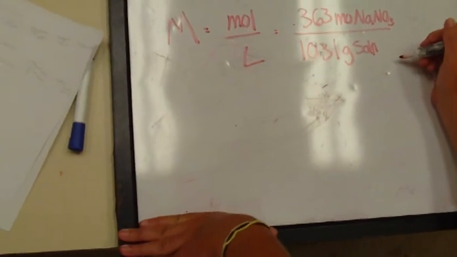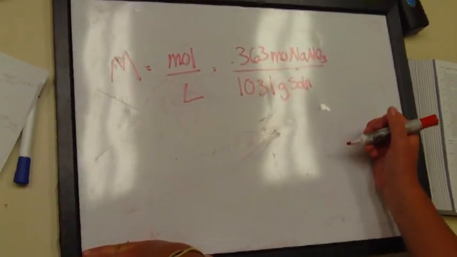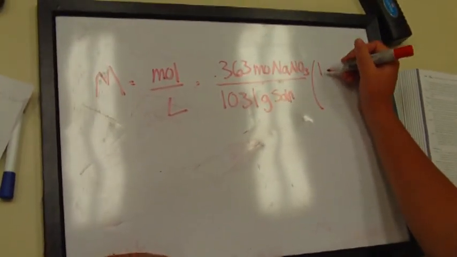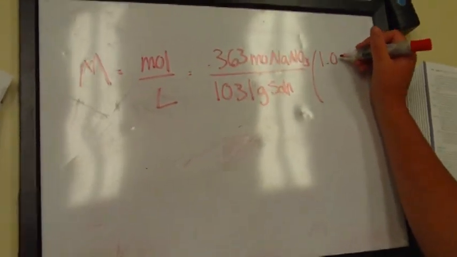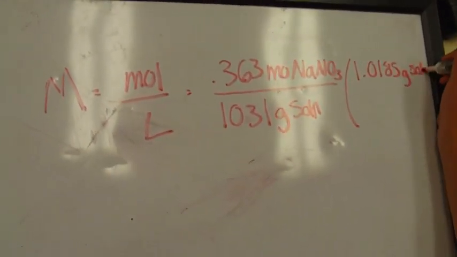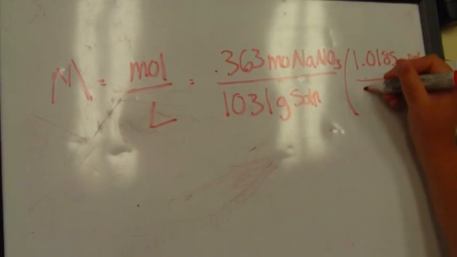All right, and we're going to use the density as a conversion factor. The density is given in the problem. And they tell us that it's 1.0185 grams of solution in 1 milliliter.